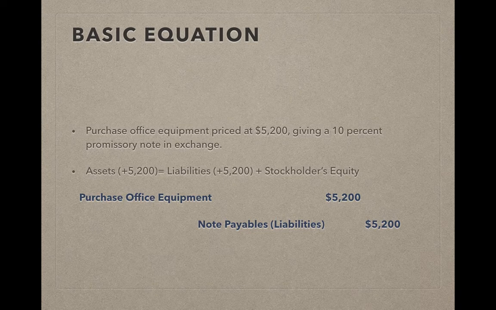The assets will increase by $5,200 US, and the liabilities as well will increase by around $5,200 US. So I'm guessing the account name for the purchase of office equipment will be the same, office equipment, and it will be debited $5,200 US.